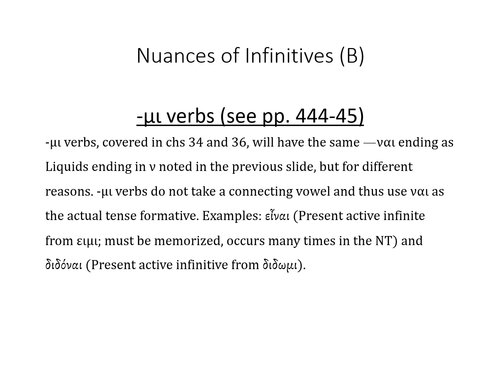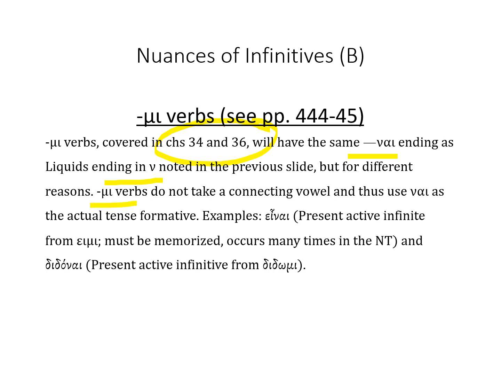The second nuance of infinitives that I want to note with you are mi verbs. And mi verbs, we will come to these in a couple of chapters, chapter 34 and 36, where we'll cover these further. And they'll have the same nai ending as liquids, but for different reasons.